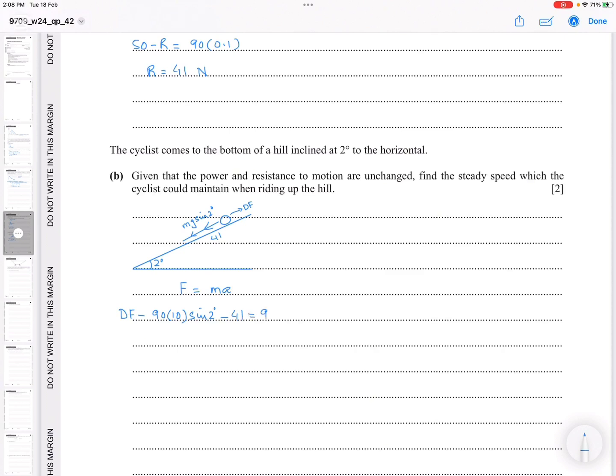Mass is 90 into 10, and our acceleration is 0. So this part becomes 0. So make the driving force the subject. So it becomes 900 sine 2 degrees plus 41.